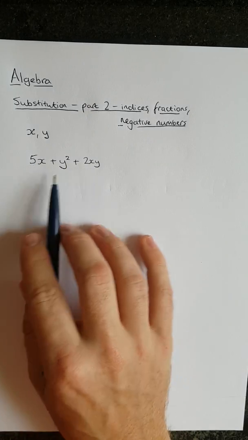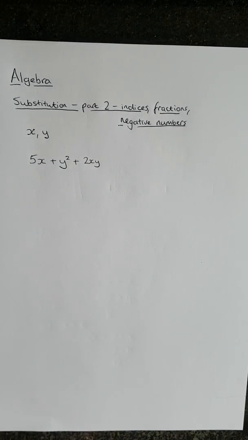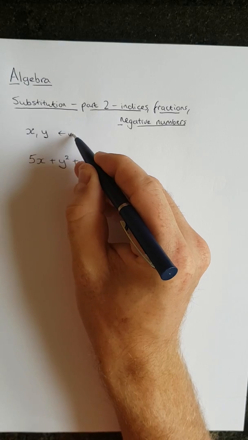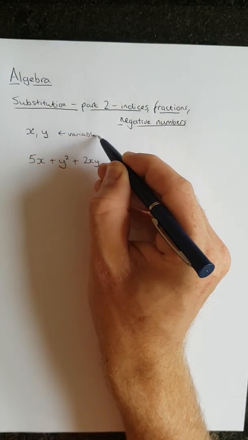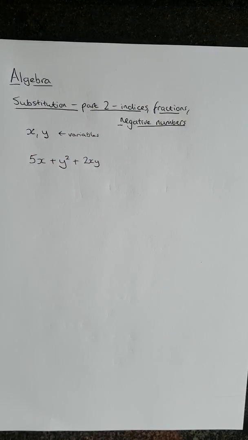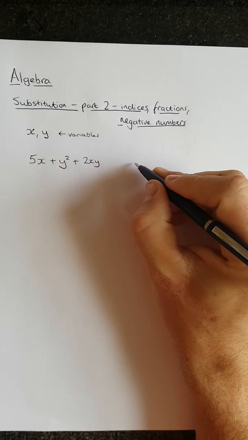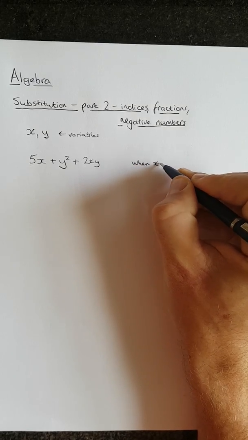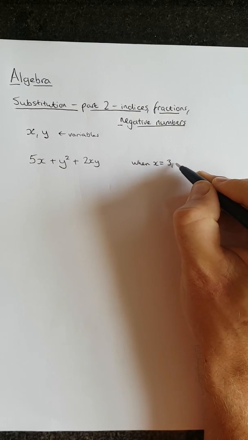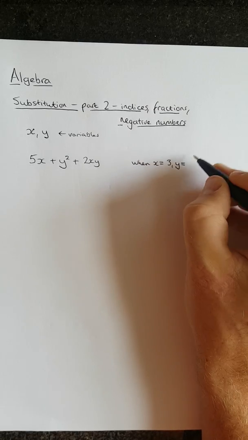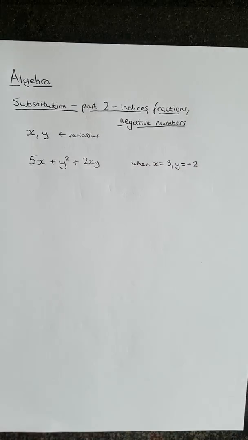Now this is an expression because an expression is defined as something that can change in value when x or y changes. And we know x or y change because they are called variables. So let's have a look now at a situation when x equals 3 and y equals -2.